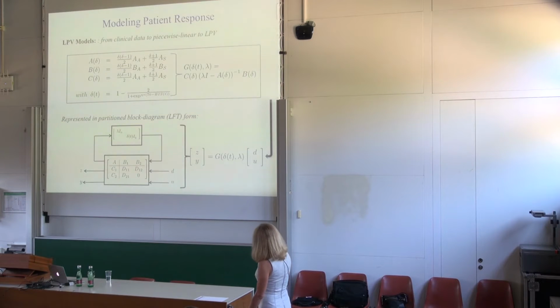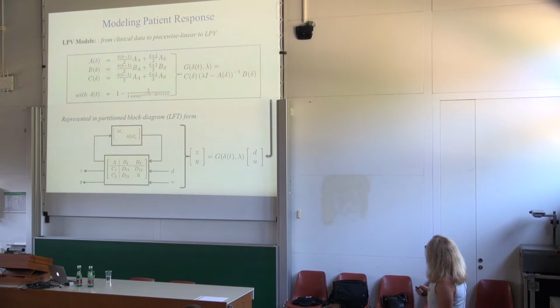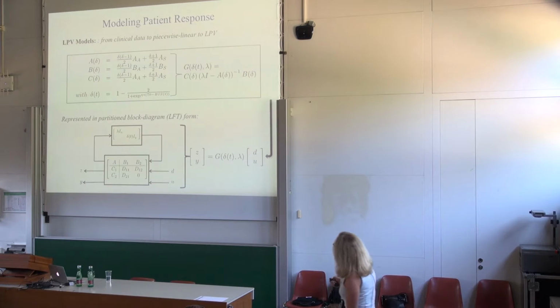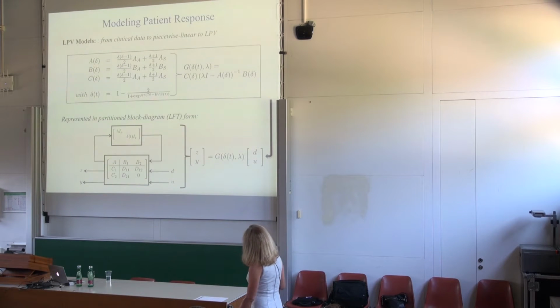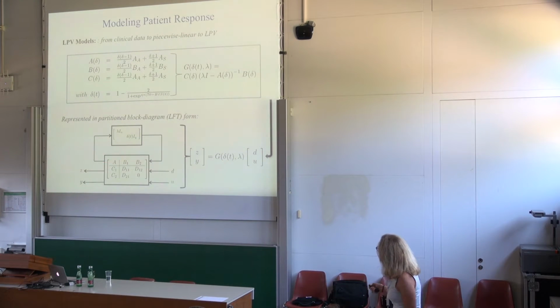And then what we wanted to do was put this into our essentially LFT form to do control design using the toolboxes available to us at this time. So in fact, we took this nice, smooth, linear parameter varying model over this parameter delta, and this involves another approximation to be able to put it into this LFT form.